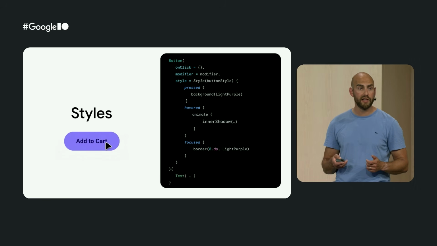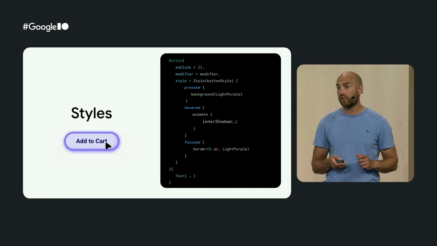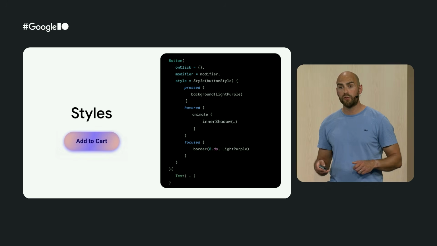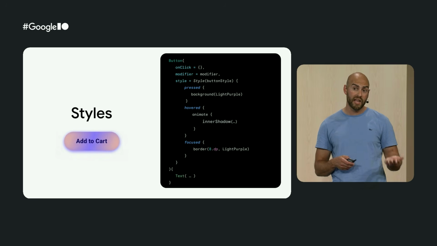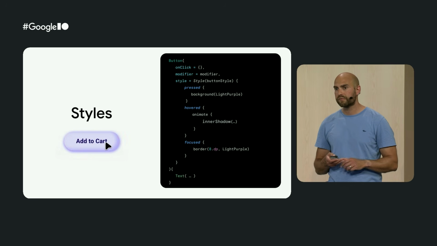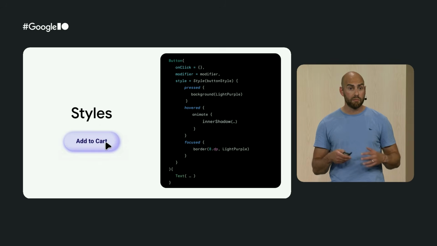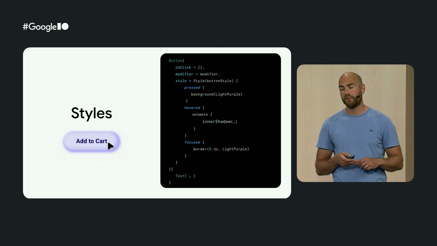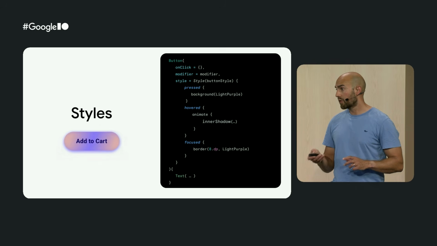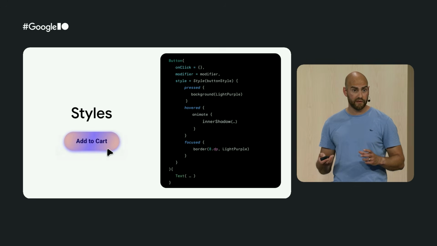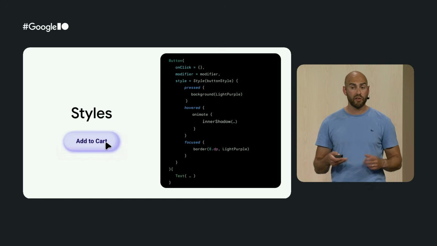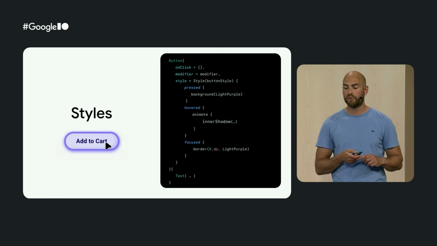The Styles API defines a standardized set of stylable attributes, which help you to separate the component's behavior from its appearance. So we think you can use this to make customization of the components much easier. Styles has built-in support for different states, even letting you animate state changes so you can build much more responsive components.